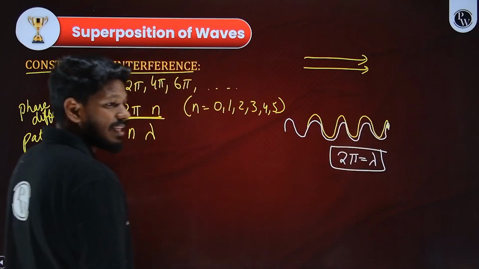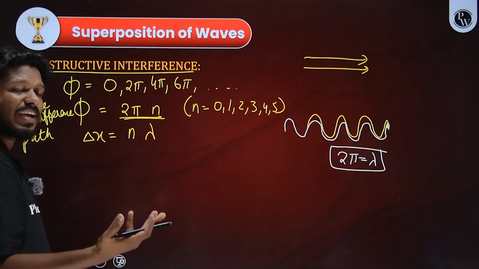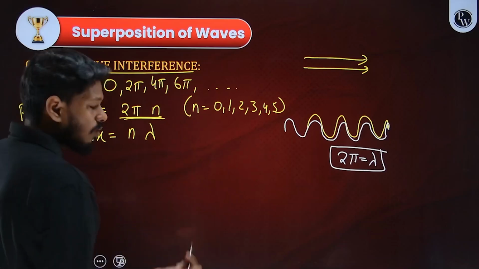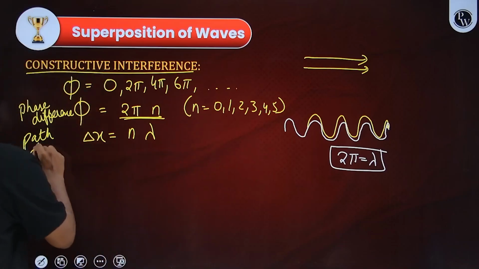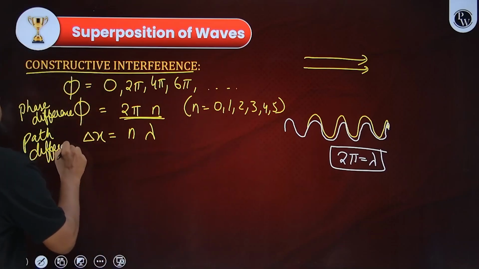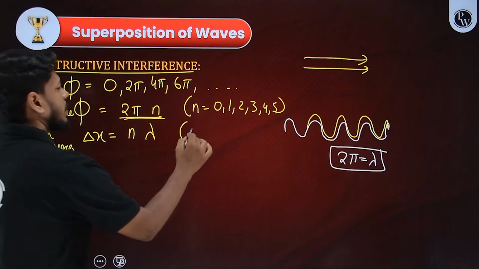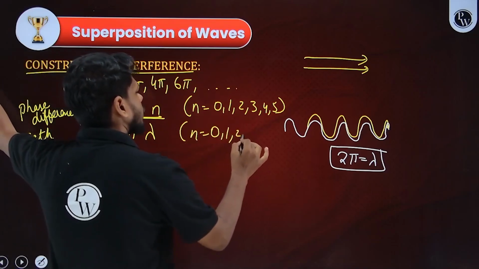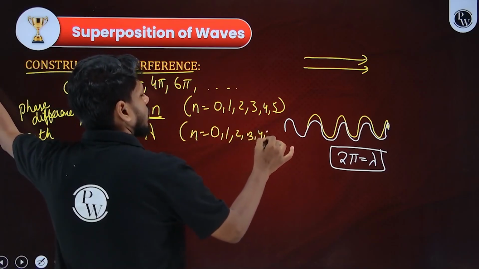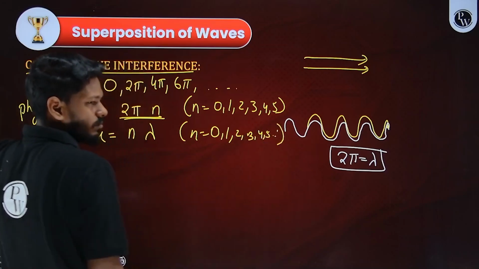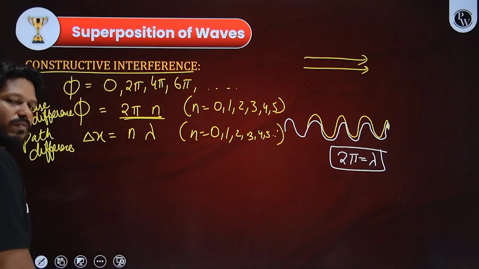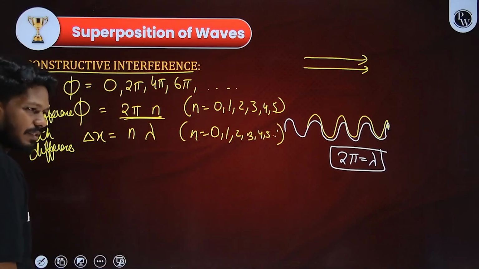So one has traveled 4 lambda, another has traveled 5 lambda. So what is the difference in the path? 1 lambda. So if path difference is in this order, where n is equal to 0, 1, 2, then what will happen? We will be having constructive interference.